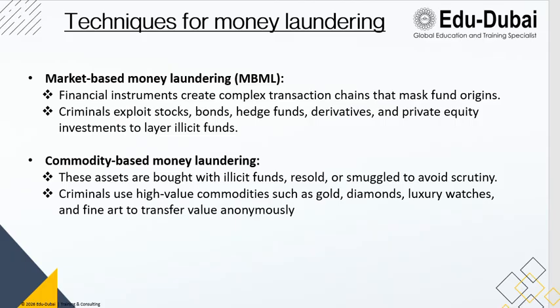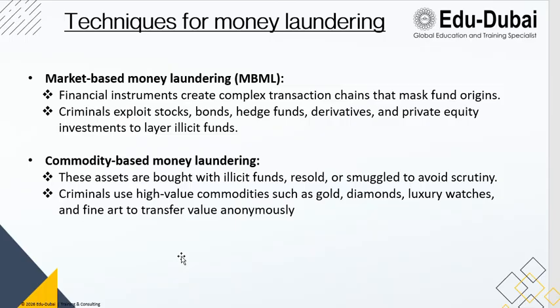Next is market-based money laundering. Whenever we purchase stocks, bonds, hedge funds, derivatives, or private equity investments, layering of illicit funds is done to the money which we use. We may not know that the money we use is used for market-based money laundering. Commodity-based money laundering is the same; only the item is different. In market-based laundering, we are using the share market.